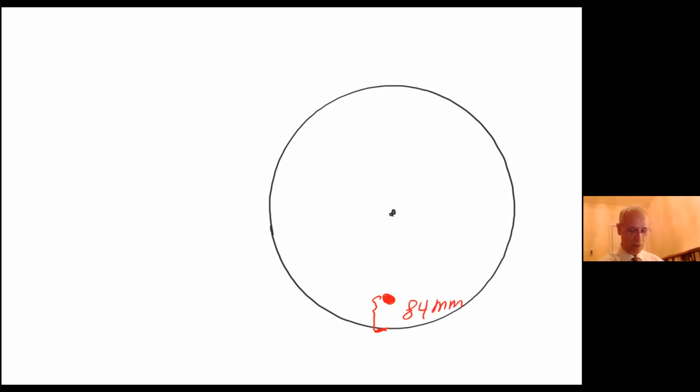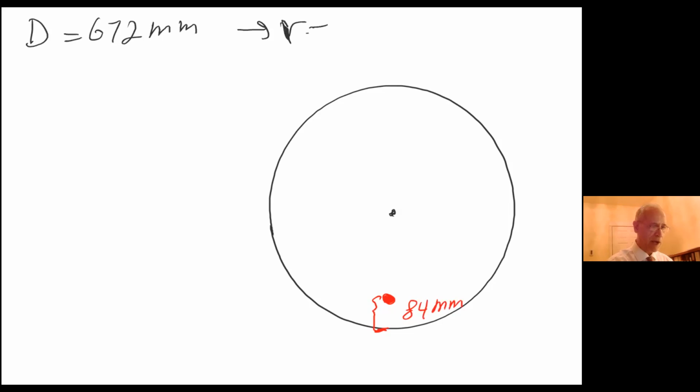Okay. What else are we given? We know that the diameter equals 672 millimeters. That means that the radius of this wheel is half of that, 336 millimeters.